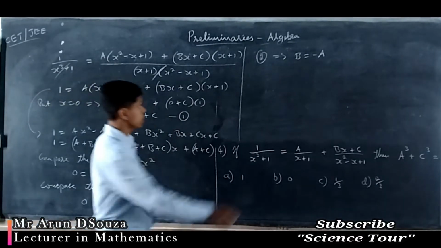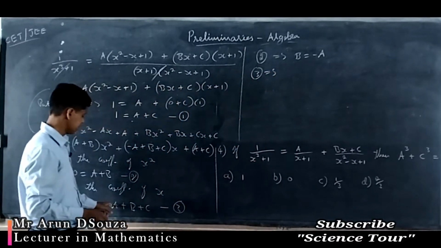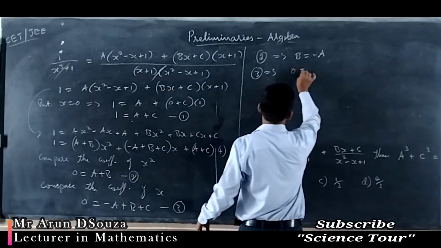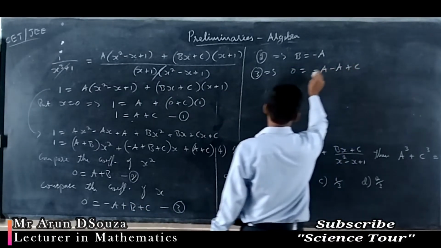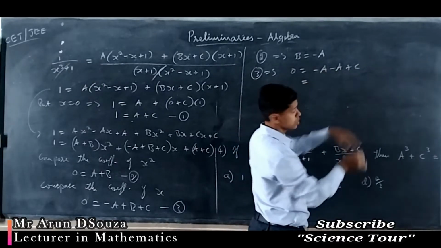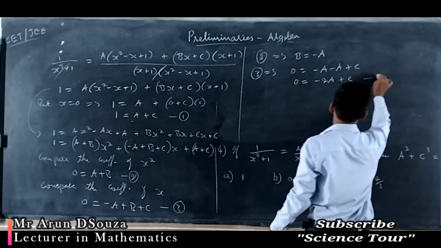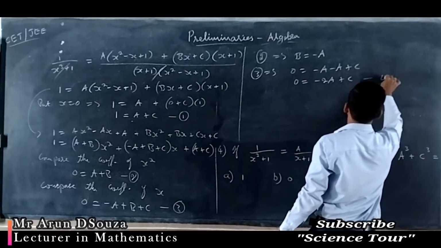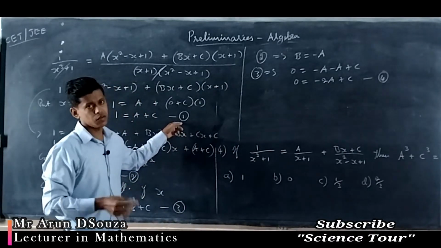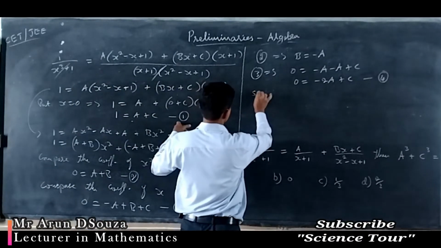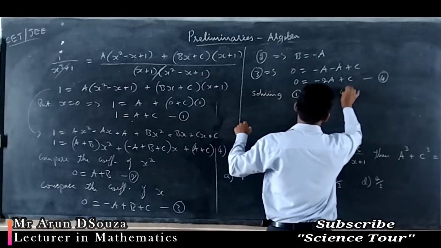So now third equation becomes minus a, and again b is minus a, and then c. So this tells me this is minus 2a plus c, that is equal to 0. So this is the fourth equation. Now solving first and fourth, we will get the values of a and c. So solving equation 1 and 4.